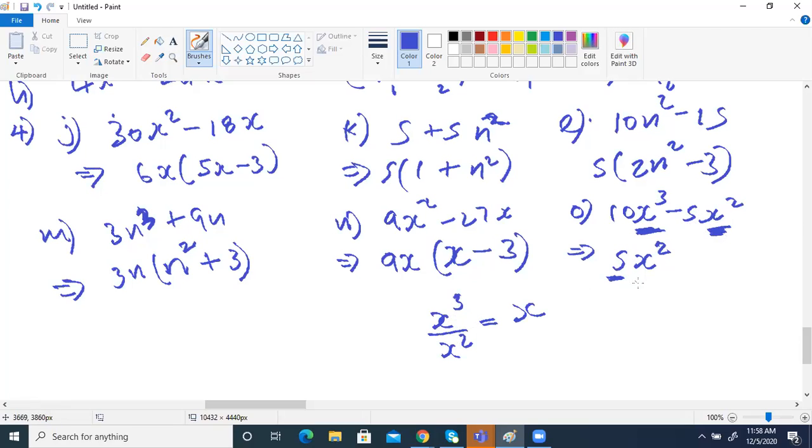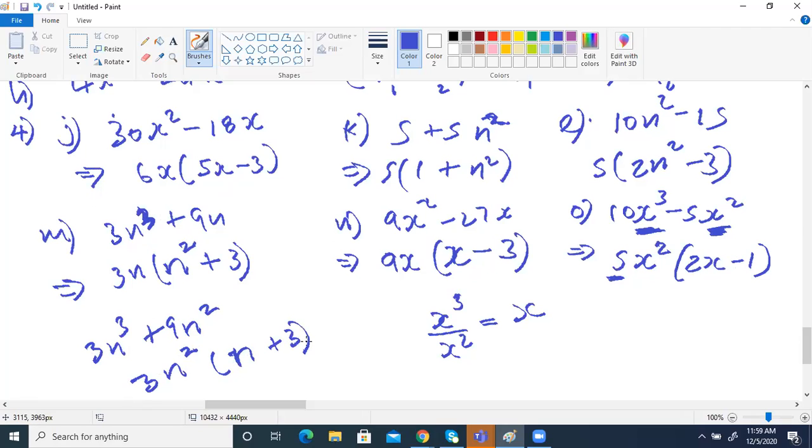I have 5x square, bracket, 2x minus 1. Okay, all right. So just remember, it's similar to over here. Here, because this had a cube. If this had a square, so if this was 3n cubed plus 9n square, then the answer would have been 3n square, then n plus 3.